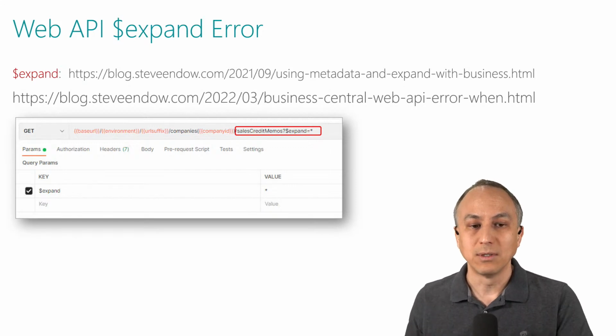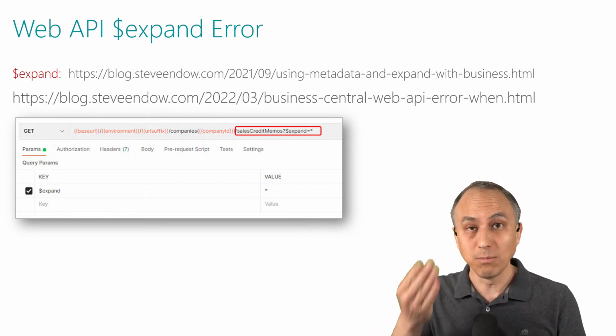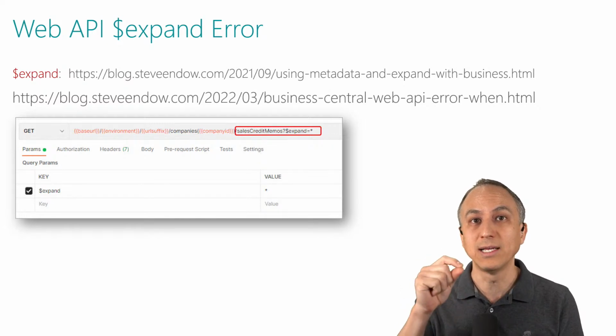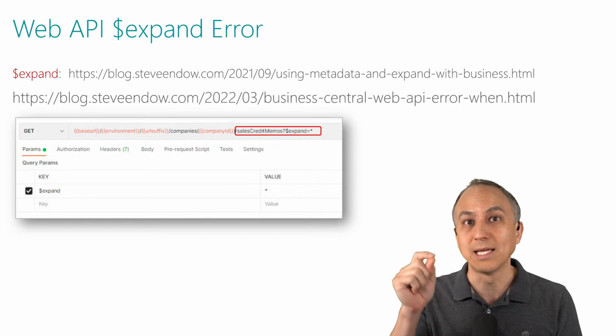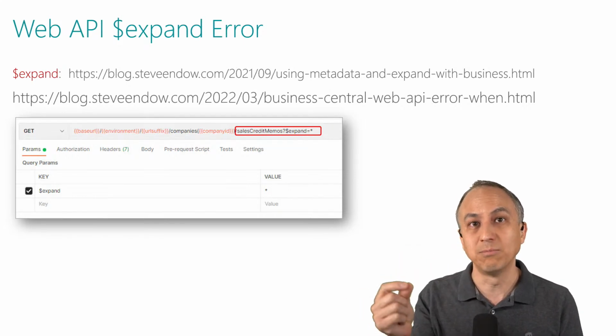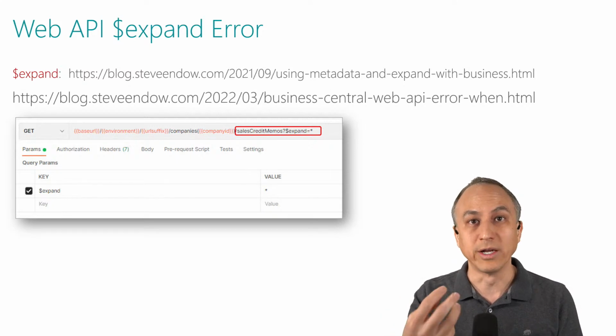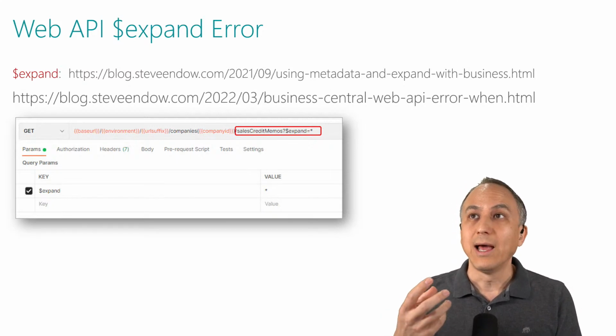The thing I learned from the forum post was that you can add $expand=* at the end of the Business Central URL. So presumably this is OData query syntax.